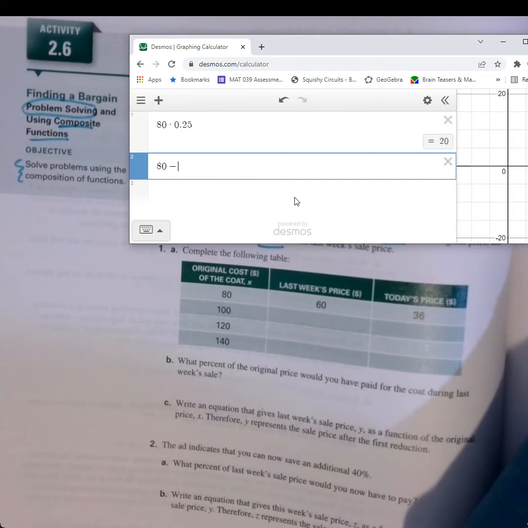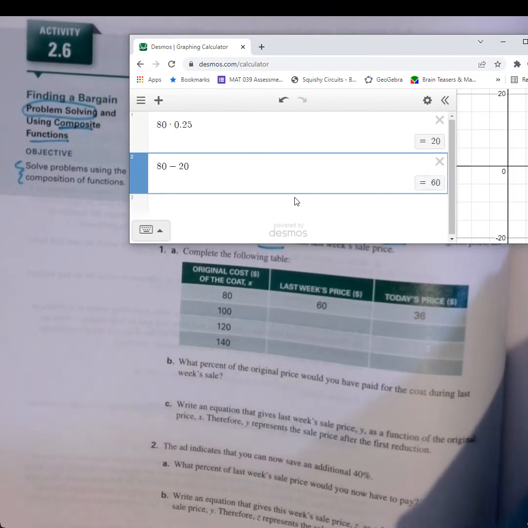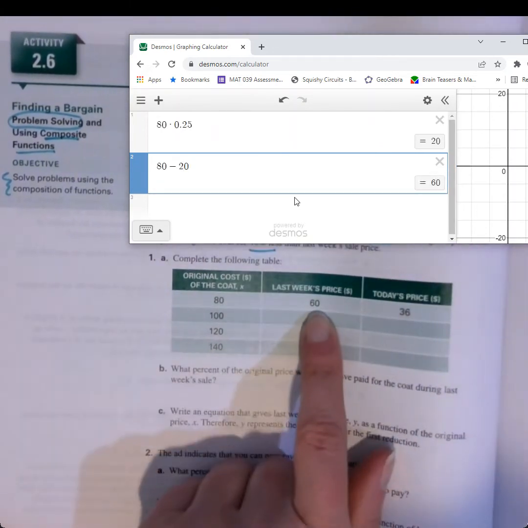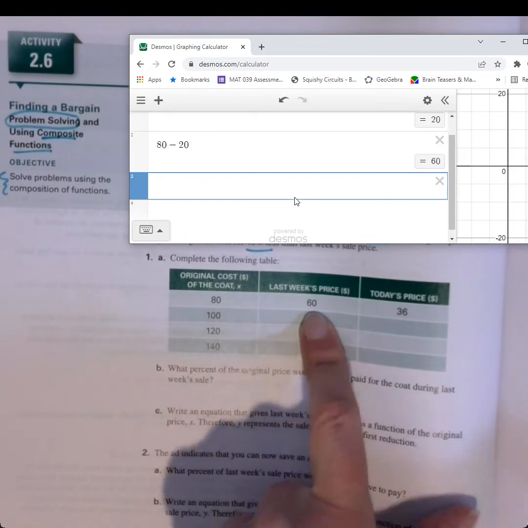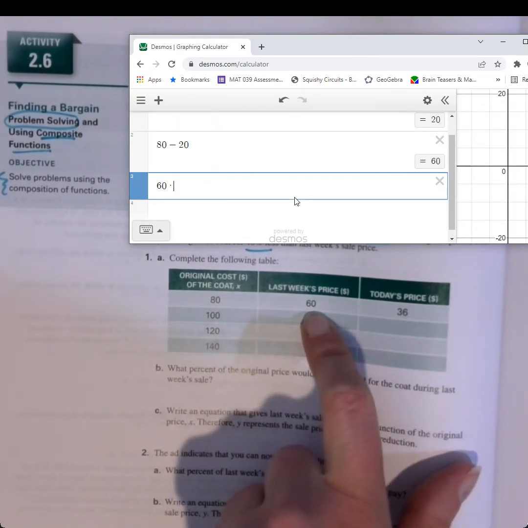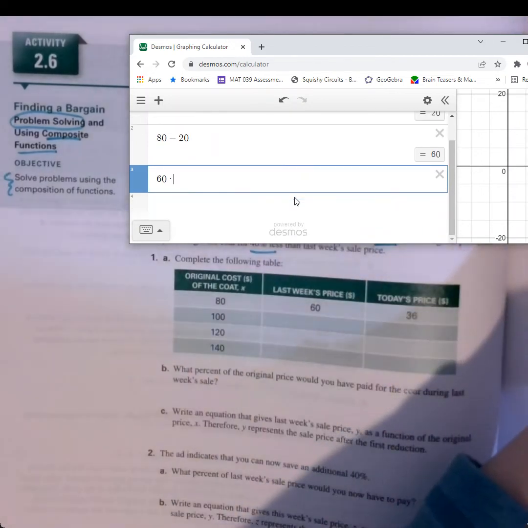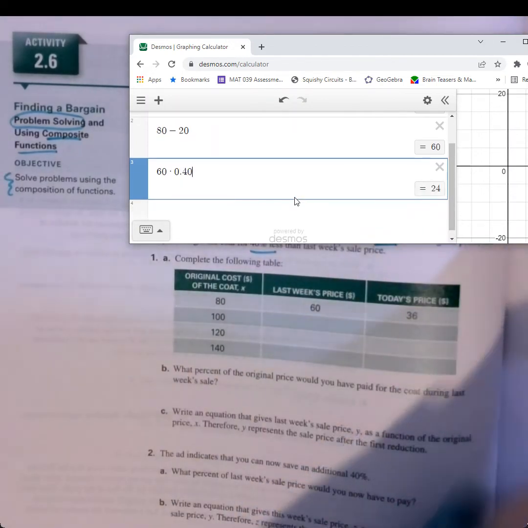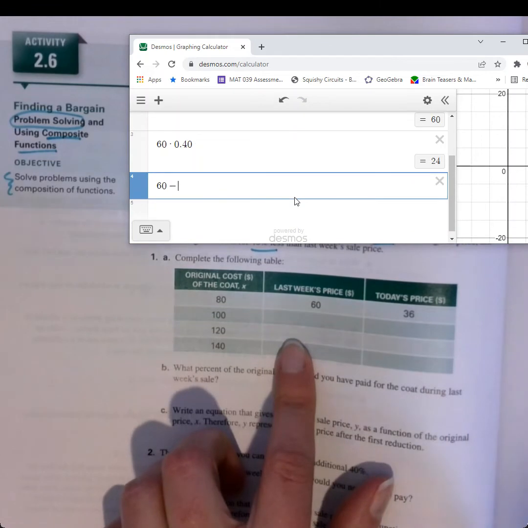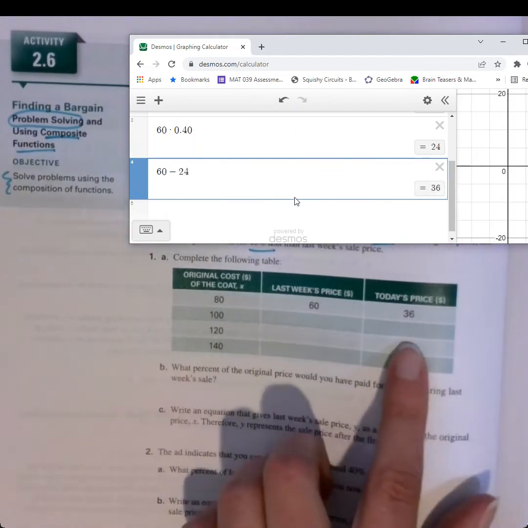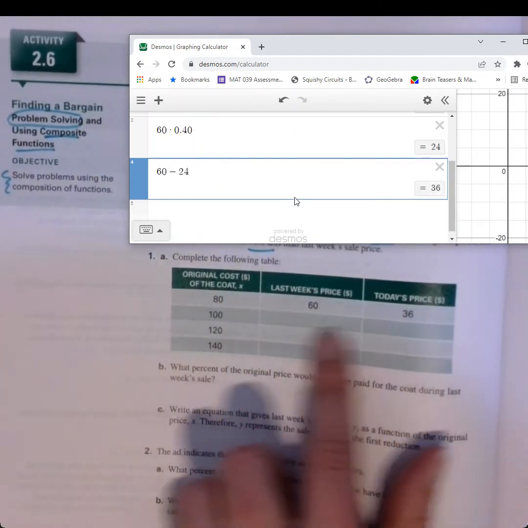So 80 minus 20 is $60, so it would still have cost me $60, right? And then I take my $60 and I'm going to save 40%, which is 0.40. And so I would have saved $24. So 60 minus 24 is, I would have still had to pay $36. That's where these numbers are coming from.